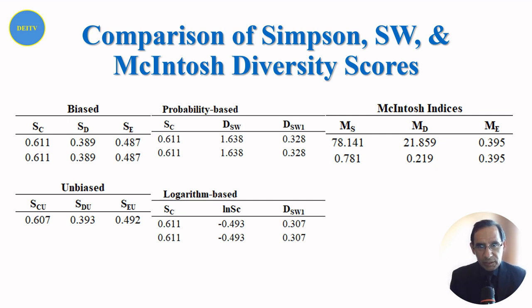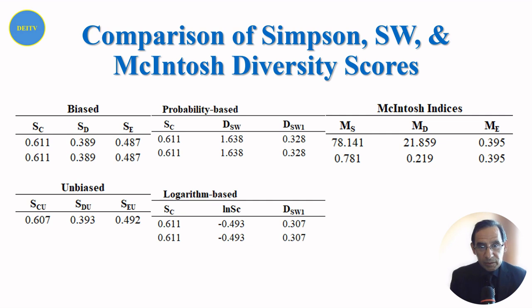Then we discussed the Smith and Wilson probability and logarithm based indices. Again, that's based on the Simpson index. In the middle of the slide, you see the probability based and logarithm based Smith and Wilson indices. Because they are based on the Simpson index, you have the same Simpson concentration score of 0.611.